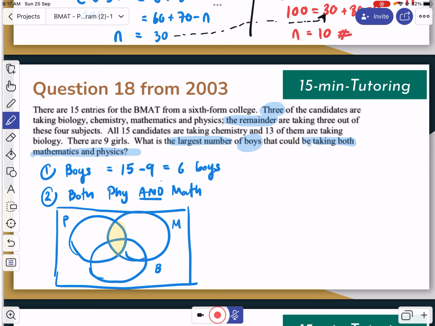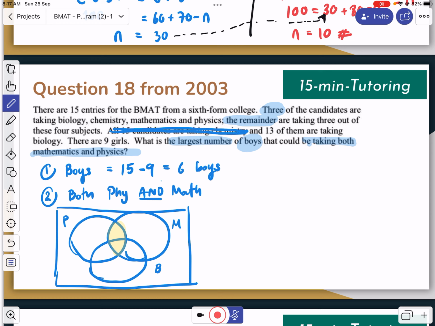Well, if we feel like we are stuck, we don't know what to do next, we can go through each piece of information and cross out the one we already used and try to use the one we haven't used yet. So, in this case, we already used the fact about everyone taking chem, so that's gone.